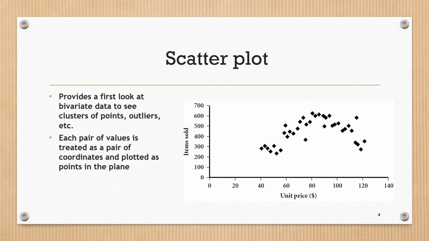As shown on the right, this scatter plot example explores the possibility of correlation relationships between two attributes, unit price, and items sold.